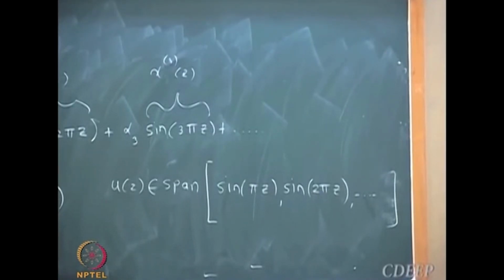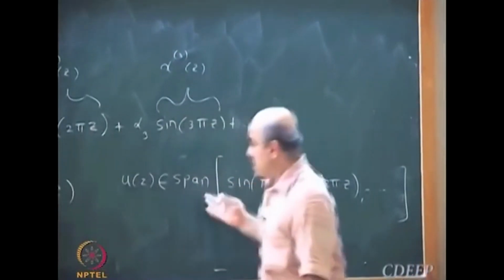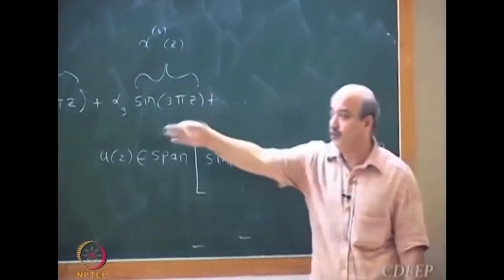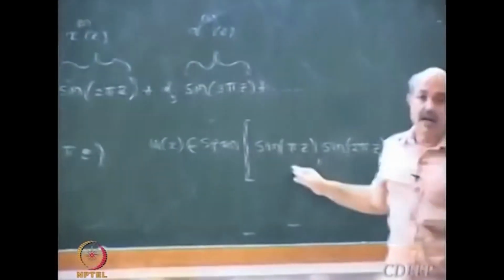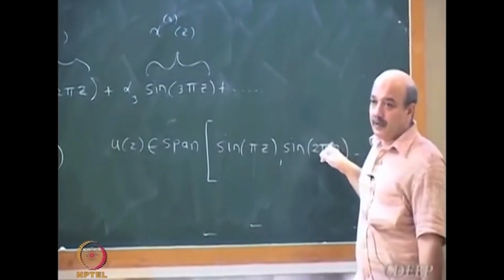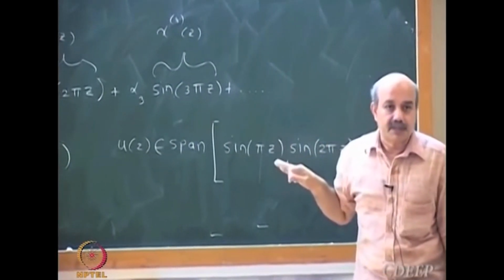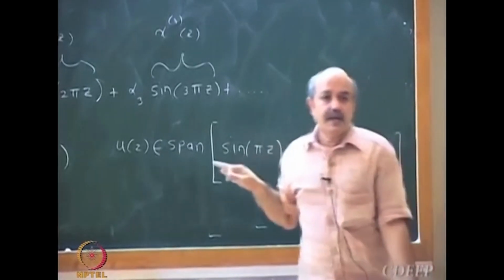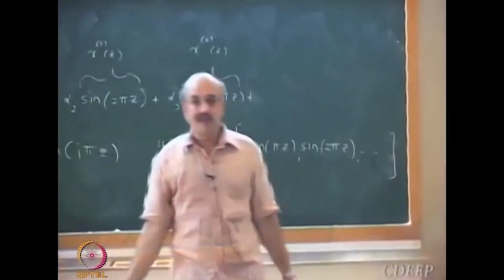In this particular case, the subspace of twice differentiable continuous functions, which is defined by these vectors, is infinite dimensional, because these are linearly independent vectors.